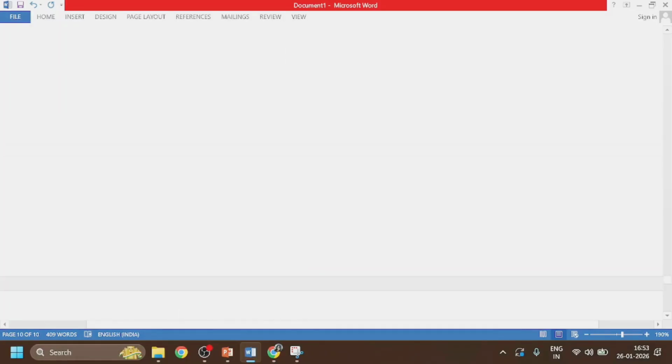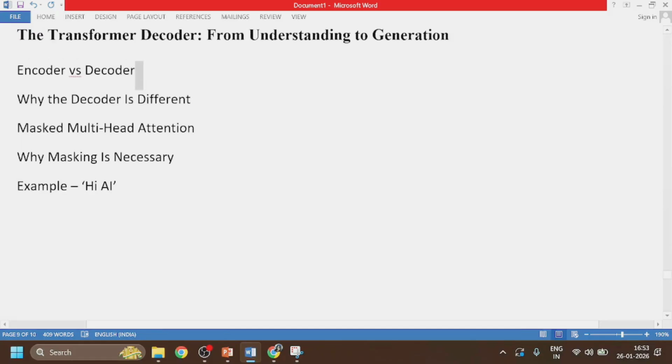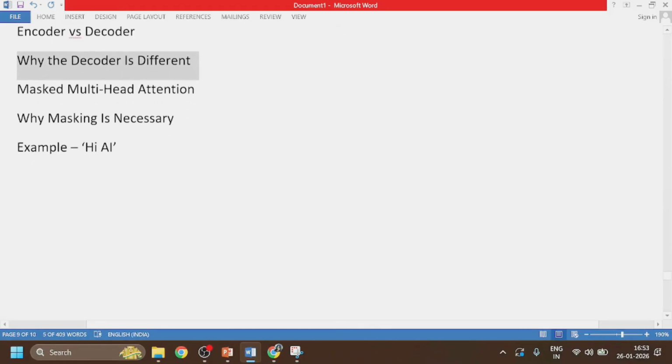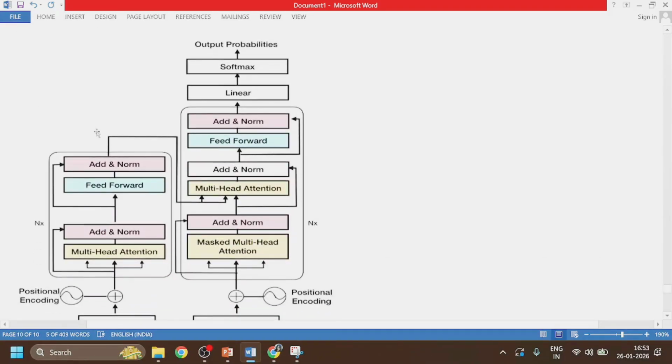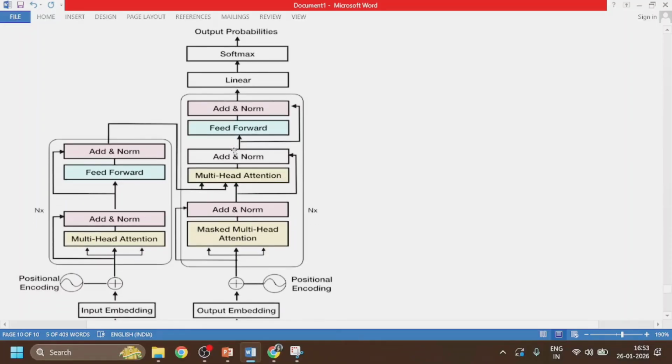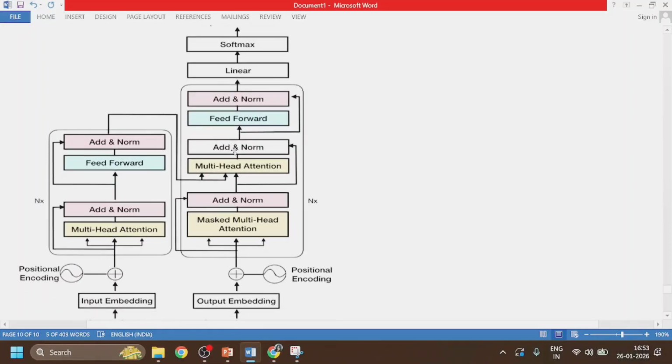Now why is the decoder different from the encoder? The decoder is different in one key way: it must not see future words.